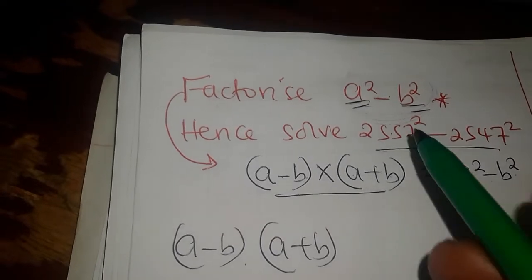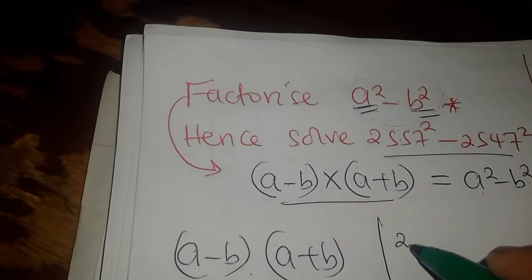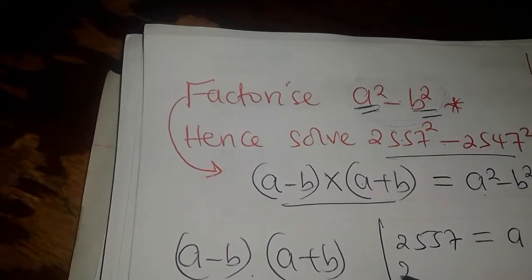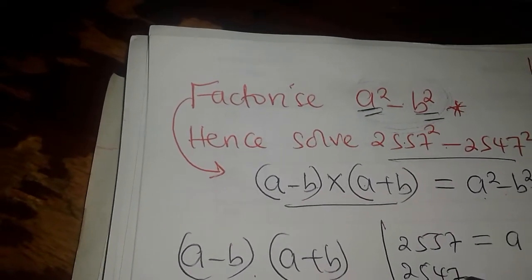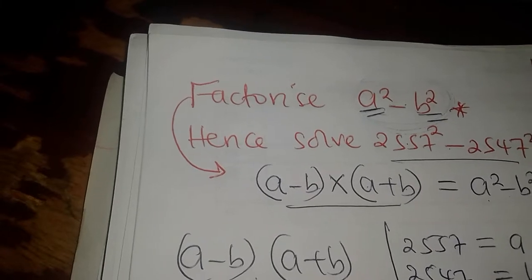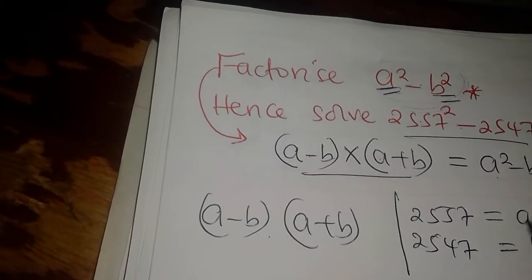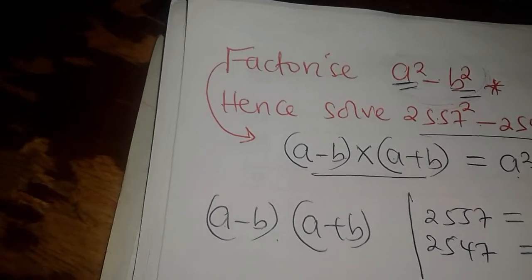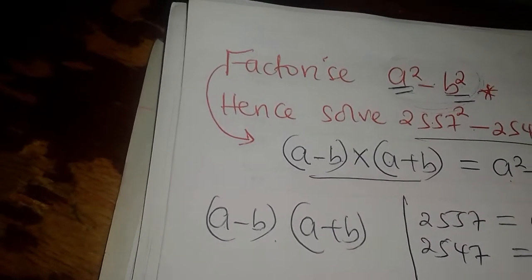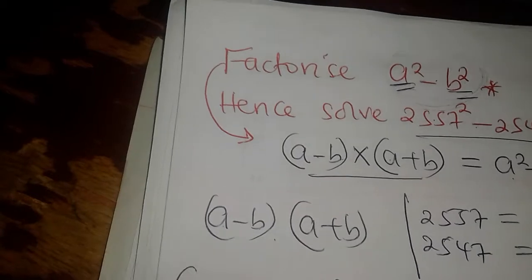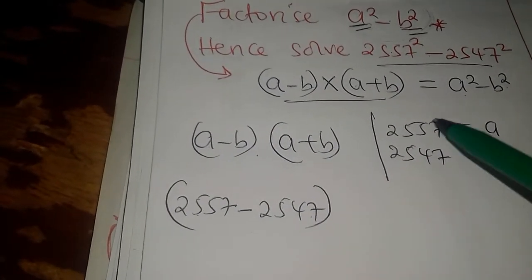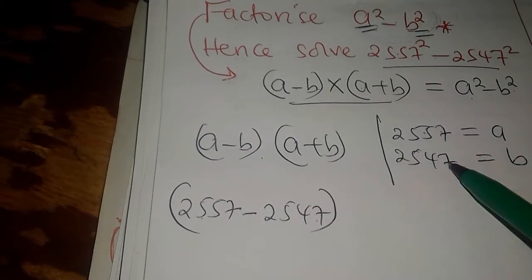I'll take 2557 to stand for a, then I'll say 2547 to stand for b. So this is the same as saying a minus b, that means 2557 minus 2547. I've said let 2557 be a, let 2547 be b.